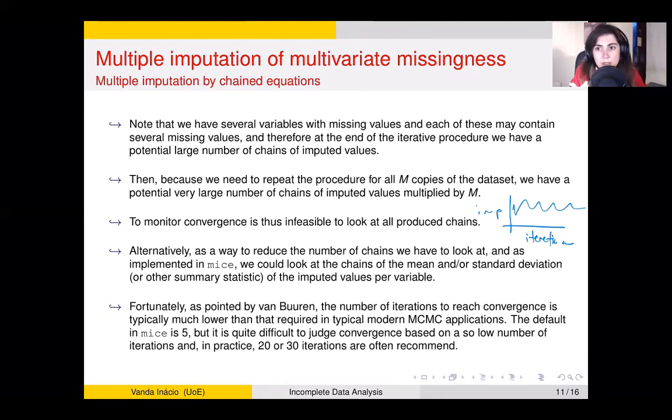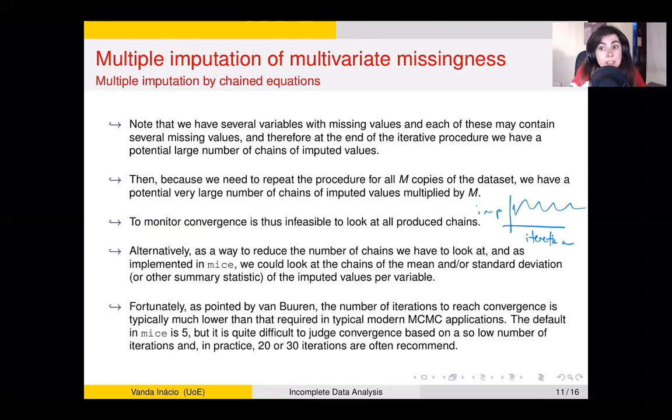So it's infeasible, and in practice we know that we usually need a quite large value of m, and we have touched on this issue already. So the point is that it's infeasible to look at the chains of the imputed values for all the variables, for all the copies of the data set that we are making.